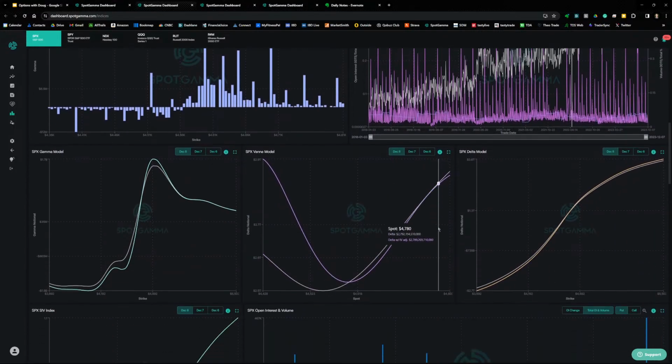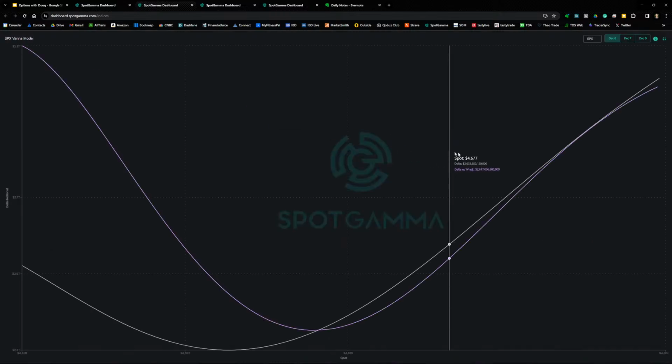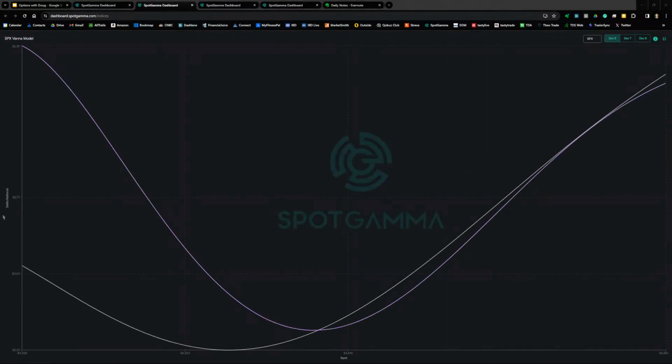This is SPX, the Vanna model. What this chart is showing is market makers' delta notional on the vertical axis and the spot price for SPX on the horizontal axis. There are two curves on this chart. The first, the light gray curve, shows how market makers' delta notional may change with changes in price only.